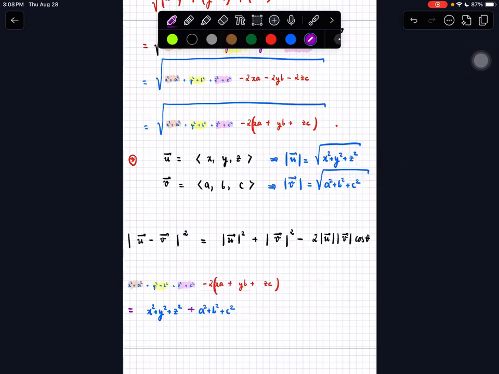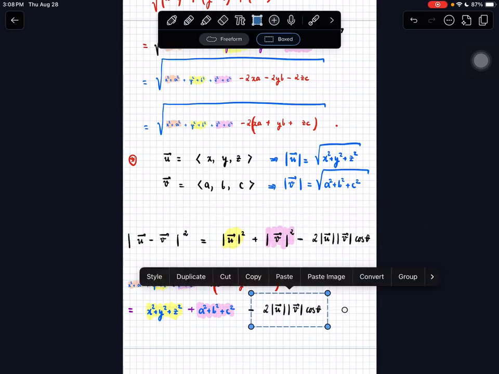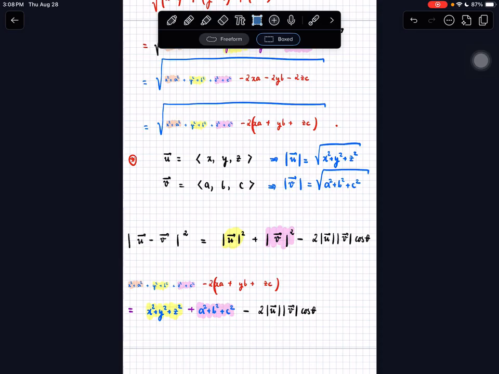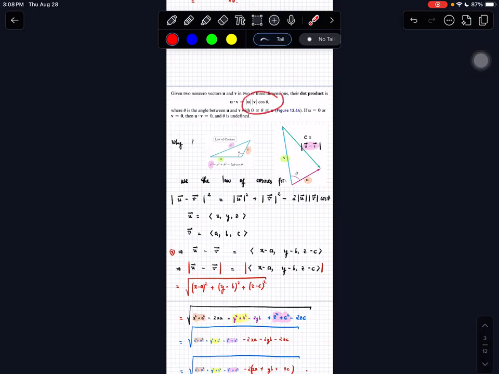We have the plus sign here. So we computed length of u squared and length of v squared. Now we have minus this term, we keep it the same. Recall that length of u times length of v times cosine of theta is the right hand side of the equation we are trying to show.